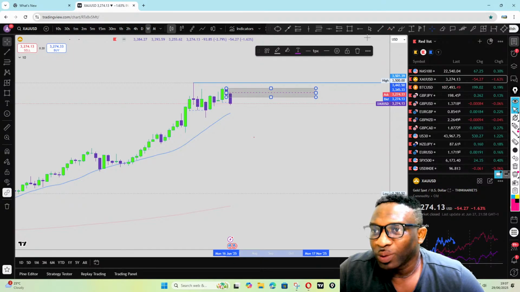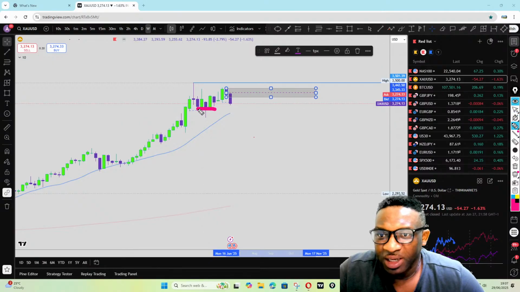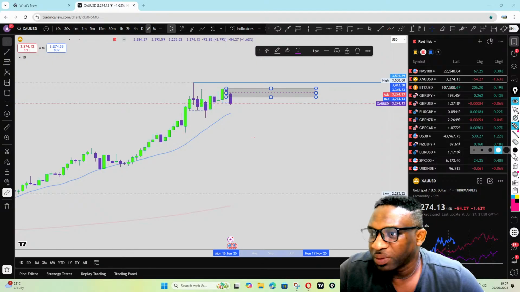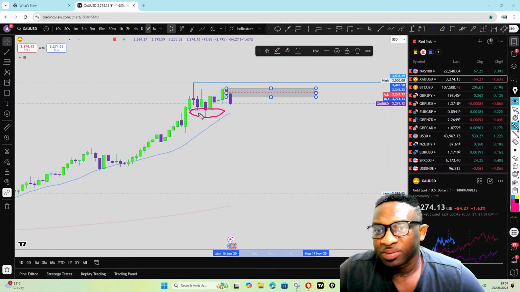We can also identify that there are these areas of liquidity that have been left here. These areas of liquidity we can identify right here. These are areas where stop losses and market orders are resting.